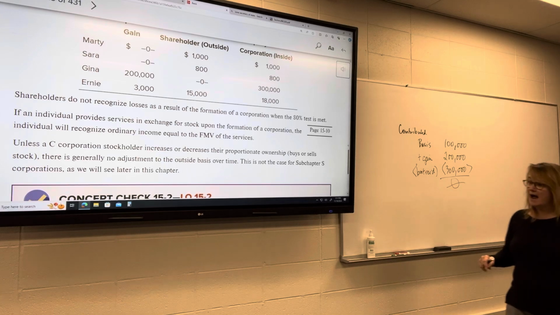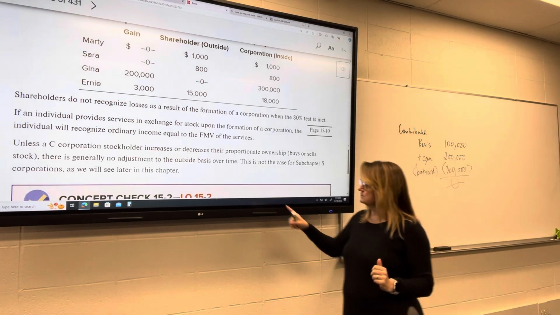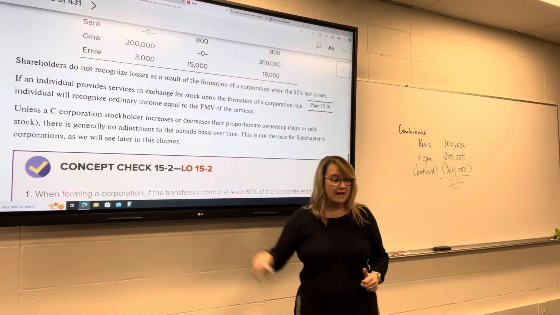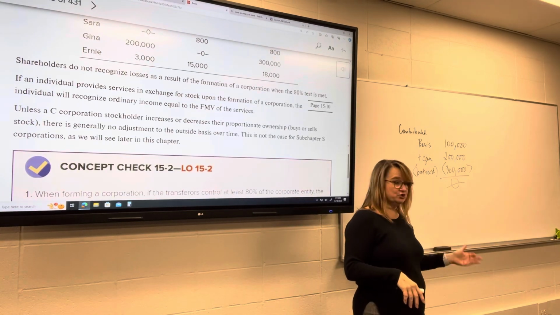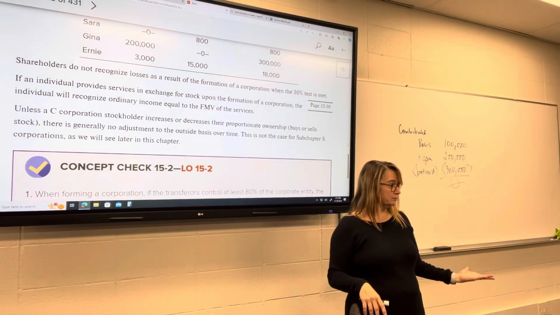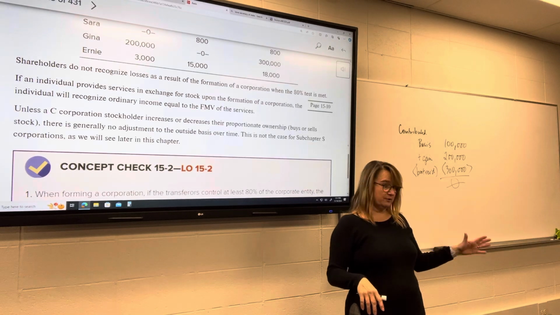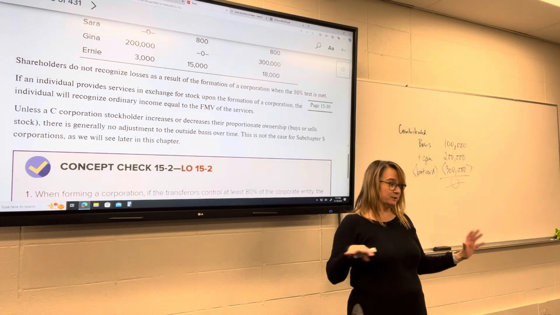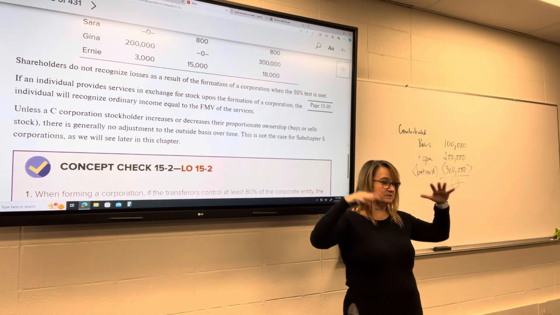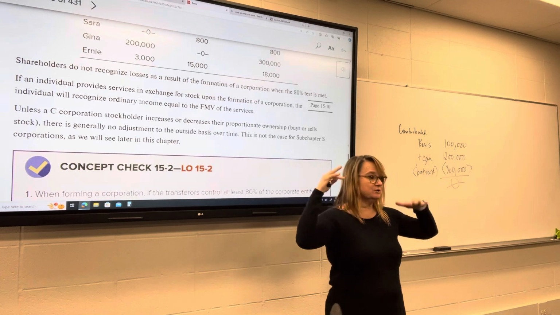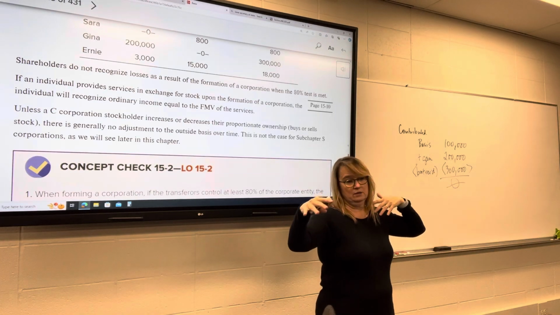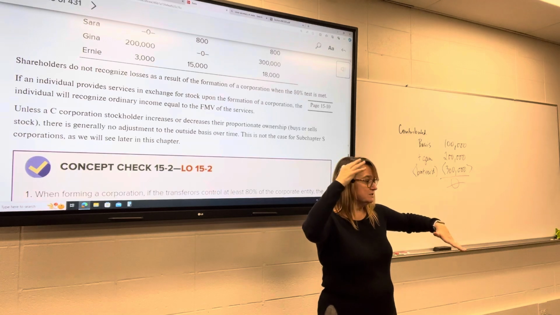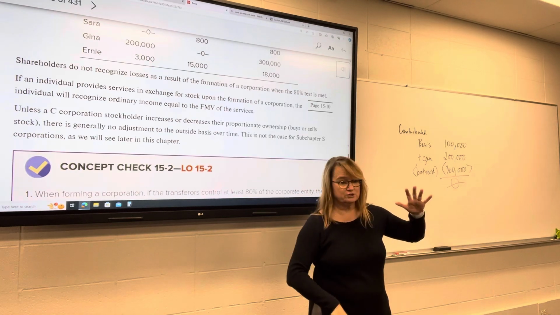There is no adjustment to outside basis over time unless additional shares are purchased or sold, or they sell their shares. So like with the partnership, there was this adjustment based on how much income the partnership was receiving. If we had any losses, then our outside basis would be adjusted downward.